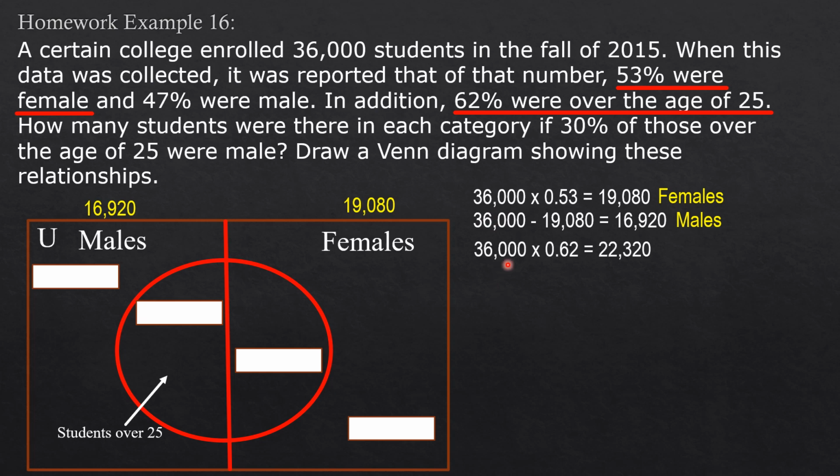I take my calculator, multiply 36,000 by 62%, and I get 22,320. That means that's how many students are over 25. Students over 25, 22,320.